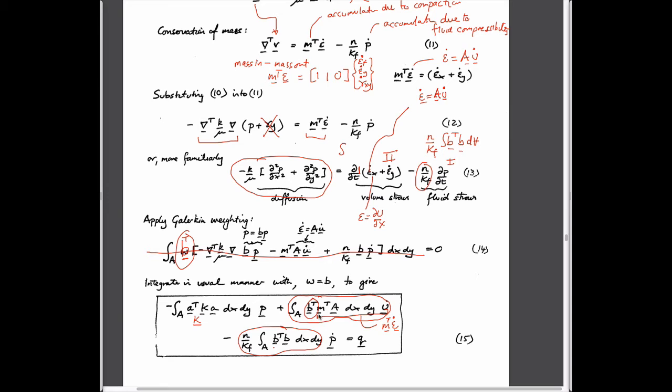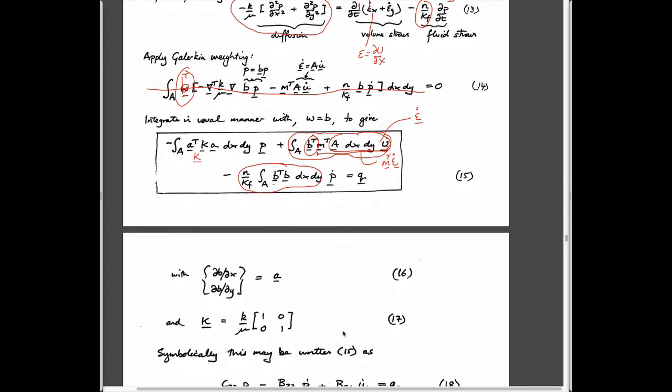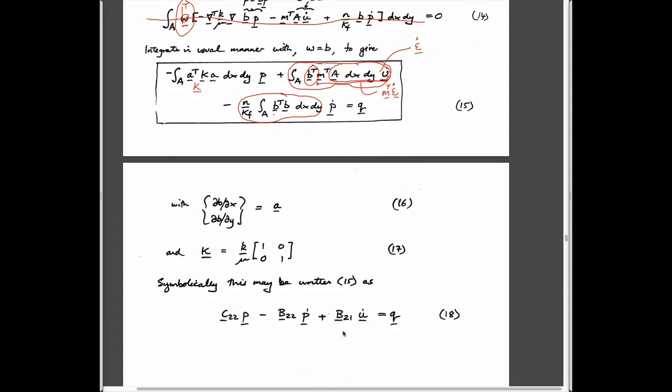So this is the weighting. This is M transpose. A U is this epsilon part. So it's getting a bit messy. But the bottom line is, and let's not worry about these other components, that we have a component that relies on pressure. This is our conductance matrix.